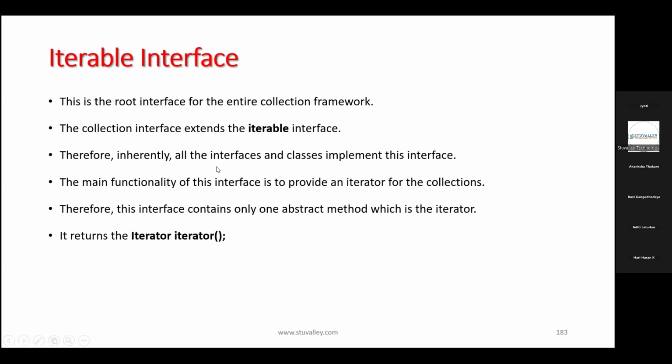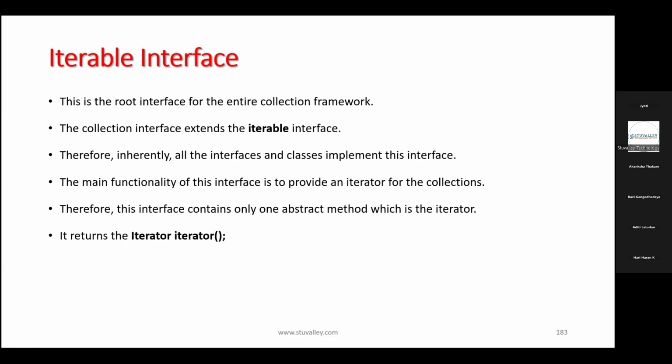So the Collection interface extends this Iterable interface. Therefore, inherently, all the interfaces and classes implement this interface. So all the collection framework has the root interface, the Iterable interface. The main functionality of this Iterable interface is to provide an iterator for the collection.